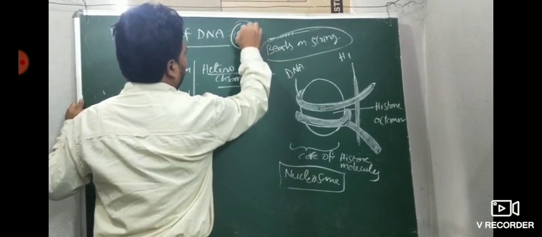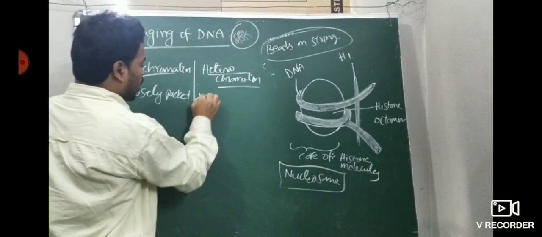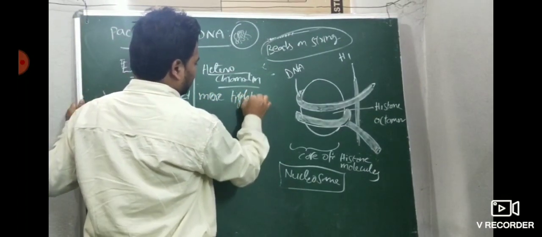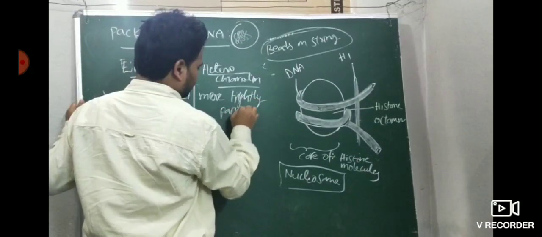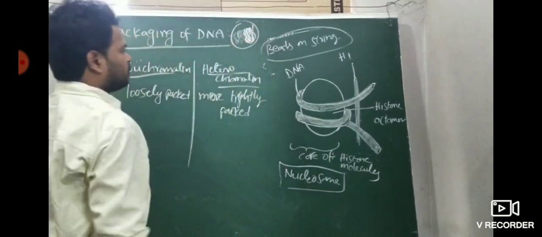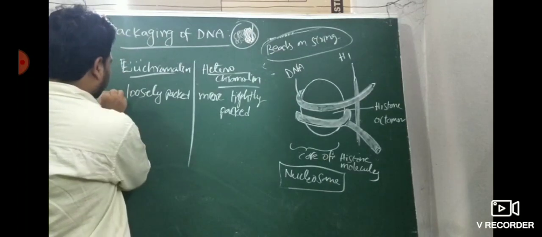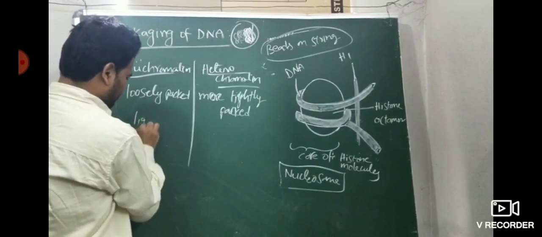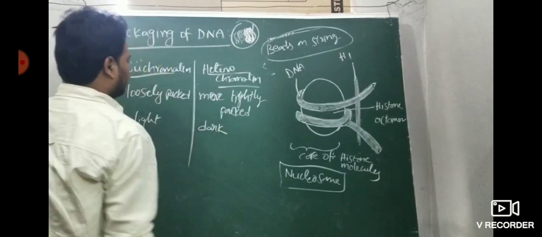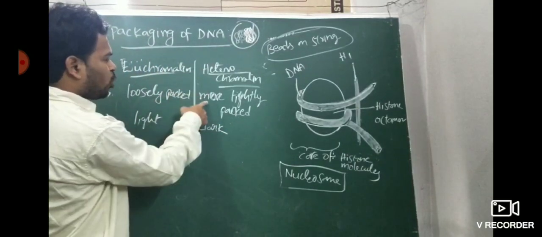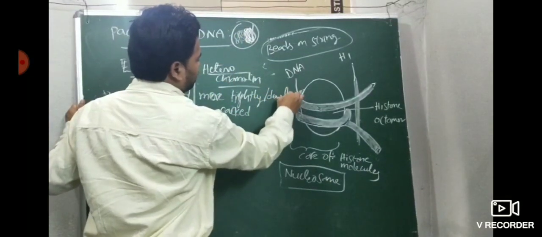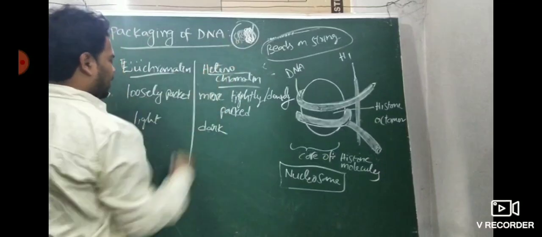Heterochromatin is more tightly, or more densely, packed. Then euchromatin is light stained, but heterochromatin is dark stained.